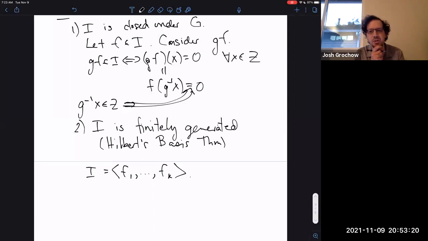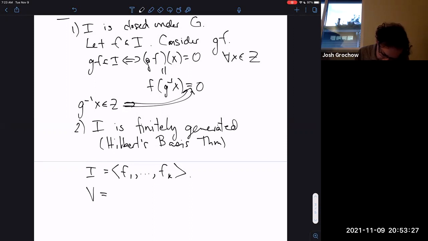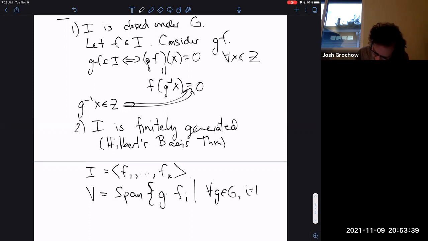I think just if G is an algebraic group, that's enough here. Okay, so V is now going to be the span of g acting on fi for all g in G and for all of our generators.